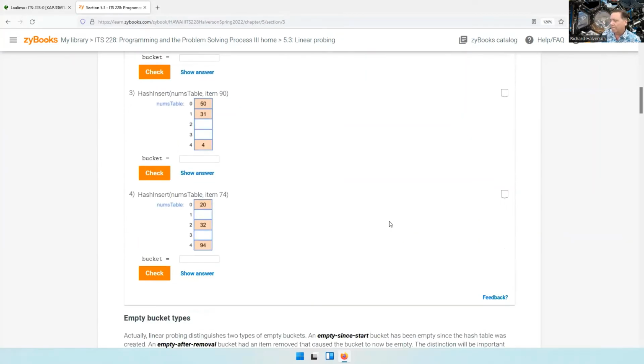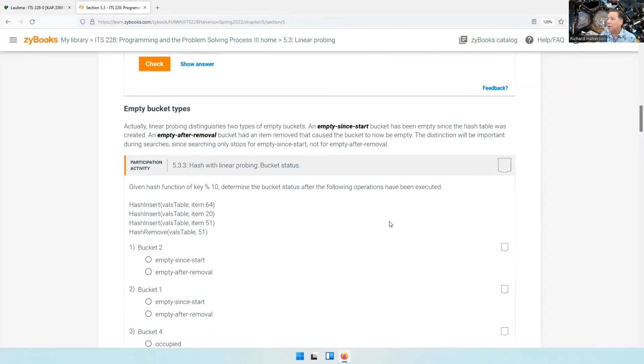Now this is the caveat. There are empty bucket types. A bucket can be empty because there was never anything put in it, or a bucket can be empty because there was something put in it, but then it was removed by a remove function.